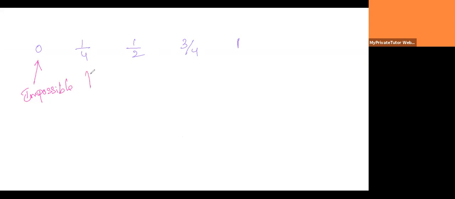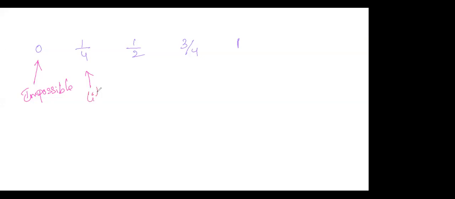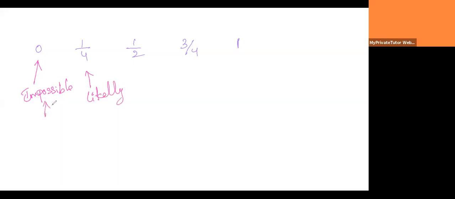1 by 4? What do you mean by 1 by 4? It can be possible, right? But unlikely. Yeah. So this one is unlikely. This one is very unlikely. Impossible. Okay.